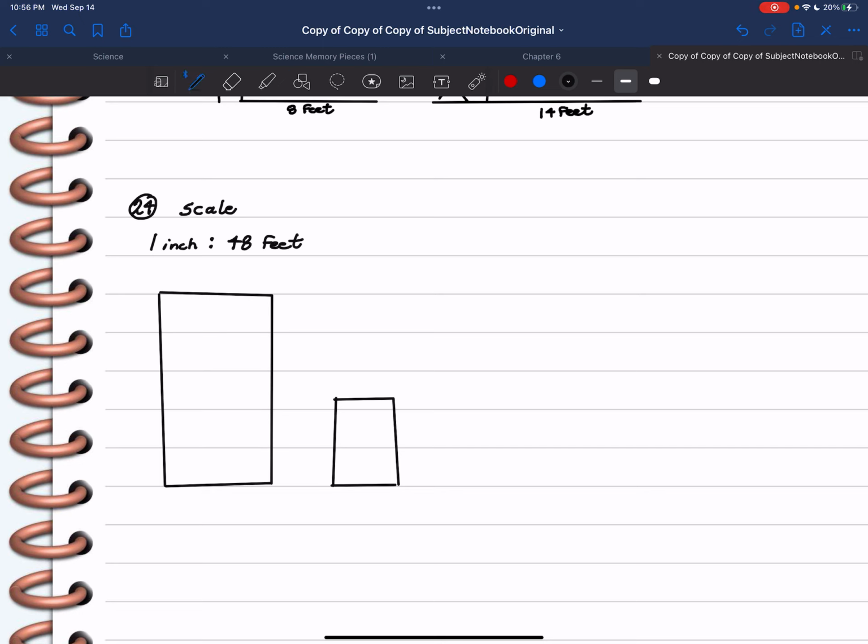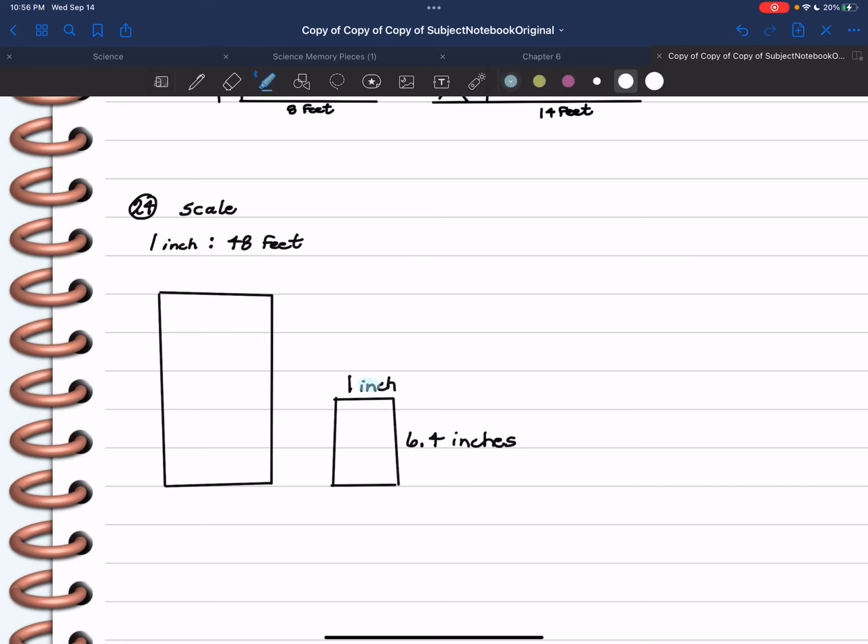Is 6.4 inches long. What is the actual length of the side in feet? So we have 6.4 inches and 1 inch on the model matches up here.